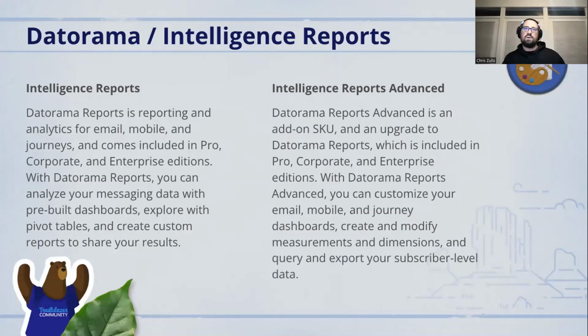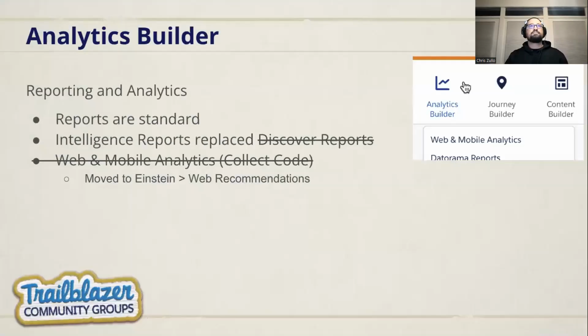It gives you greater flexibility to really dig into your analysis of whichever channel you're trying to drill into, whether it's the journeys, the emails or the mobile components, and just gives you additional ways to slice and dice your data. So that's a quick distinction between the two products.